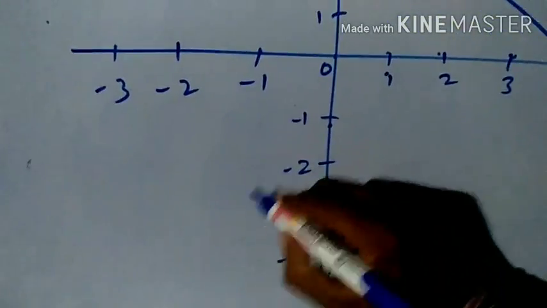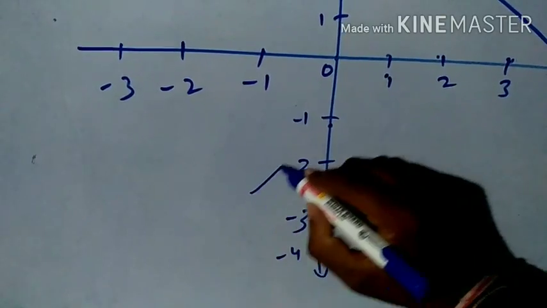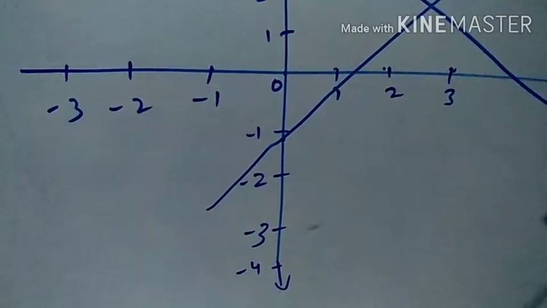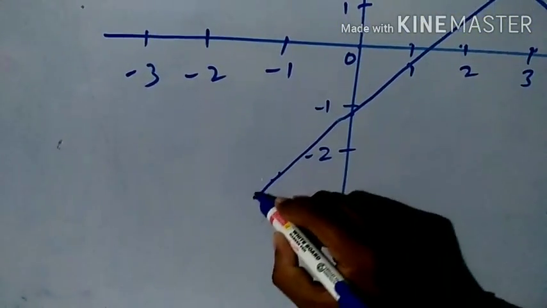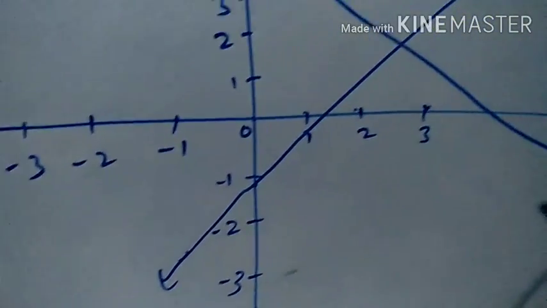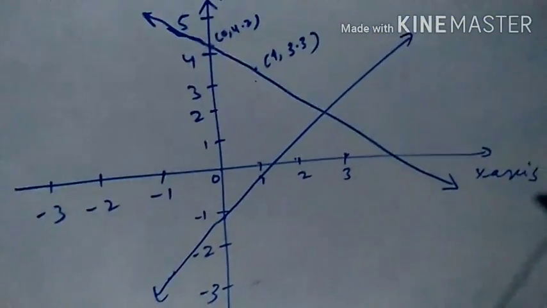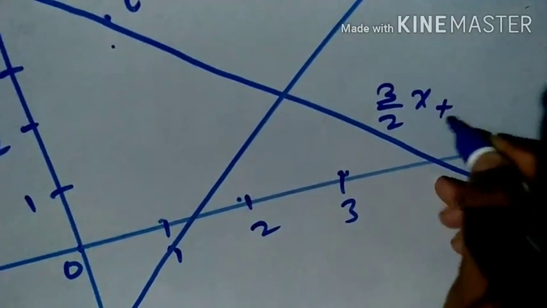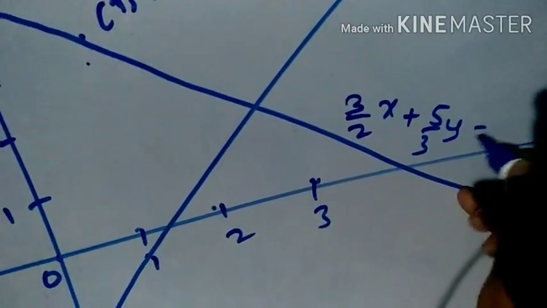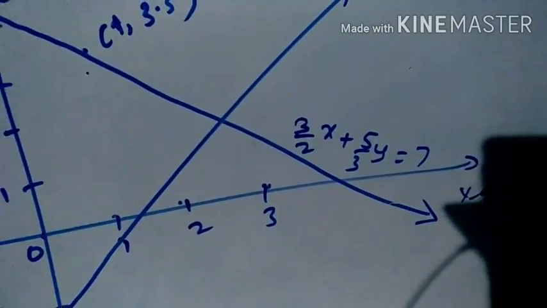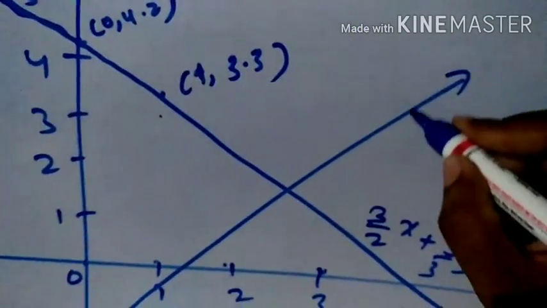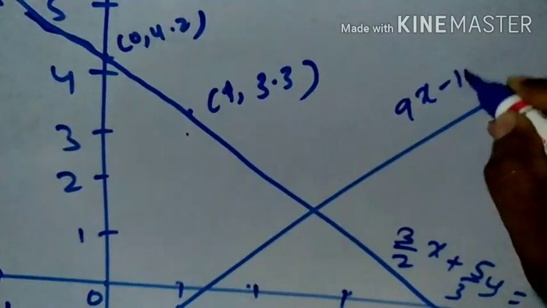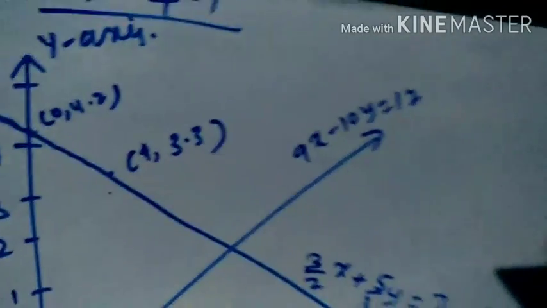Now joining the points, draw a line like this. Write the lines' equations. This line is 3 by 2x plus 5 by 3y is equal to 7. This line is 9x minus 10y is equal to 12.